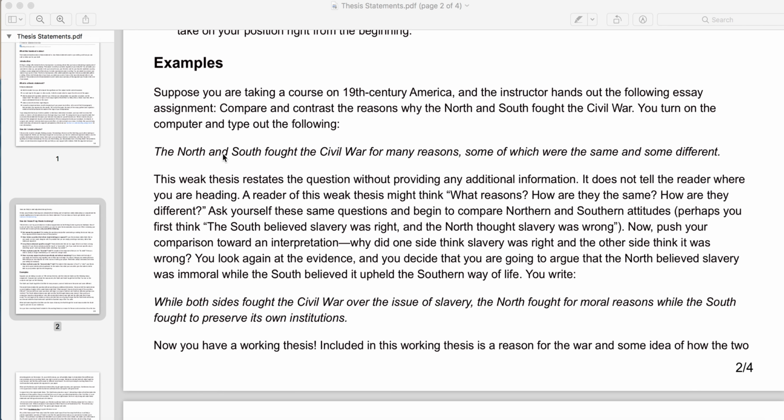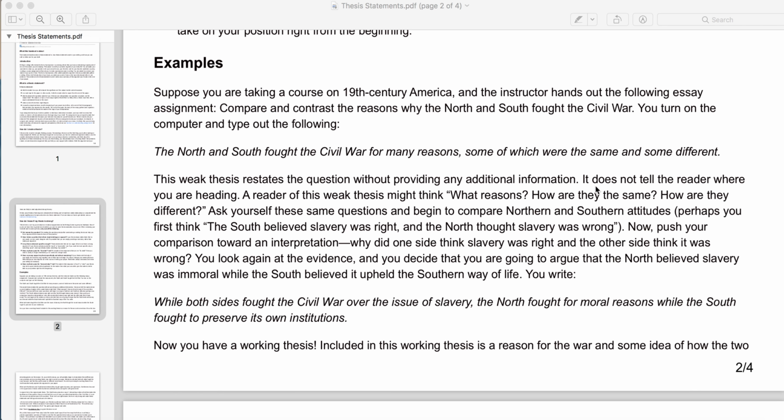So you say the North and South fought the Civil War for many reasons, some of which were the same and some different. So this is a weak thesis statement for many reasons, because it restates the question without providing any additional information.